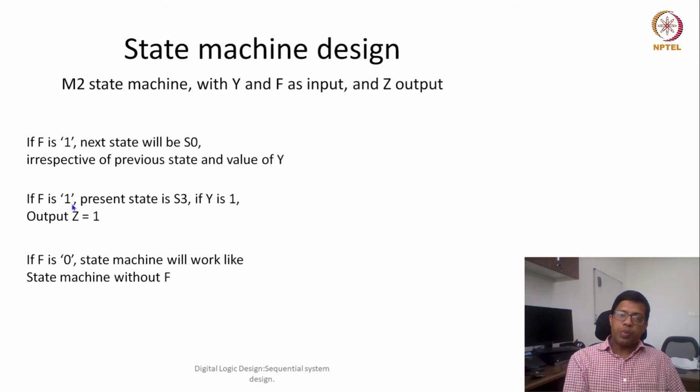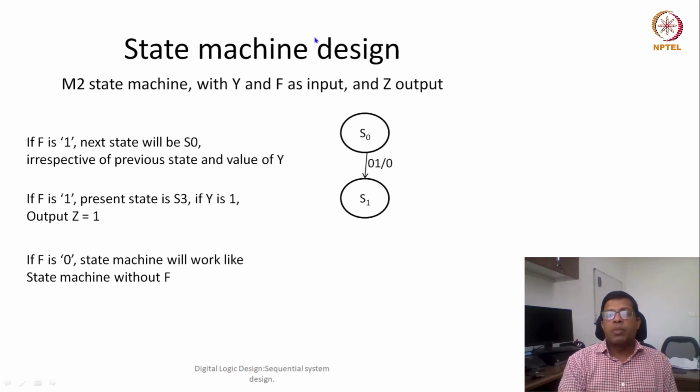With this kind of discussion, we can now redraw our state machine and see how it will look. We'll start again with S0 state. Now there are two inputs. Remember, one input is f, the other input is y, and I'm writing f first and then y. So if my input is 0 1, where 0 corresponds to f and 1 corresponds to y, then the next state is going to be S1.